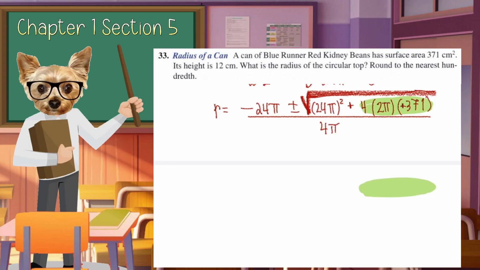I believe my stove needs tending to, but we will finish this problem. 9,324.25-ish, plus, then I'm going to have 24 pi, and I'm going to square that.